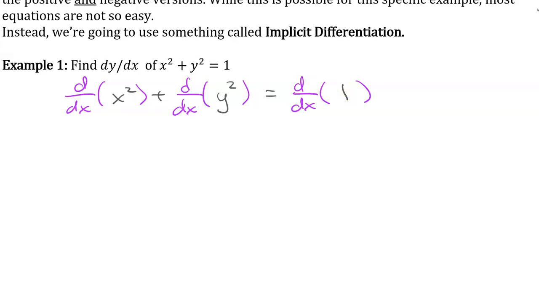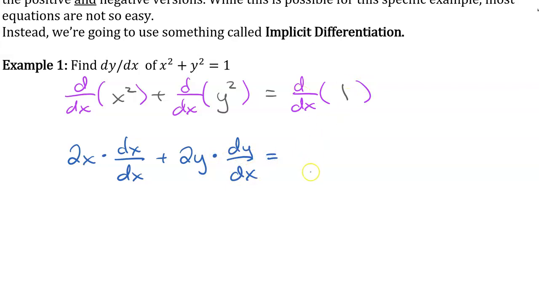Alright, so the derivative of x squared with respect to x, which is what d dx means, would be 2x times dx over dx, which is 1. And then d dx of y squared would be 2y times dy dx, and then the derivative of any constant will just be 0 times d dx over there.